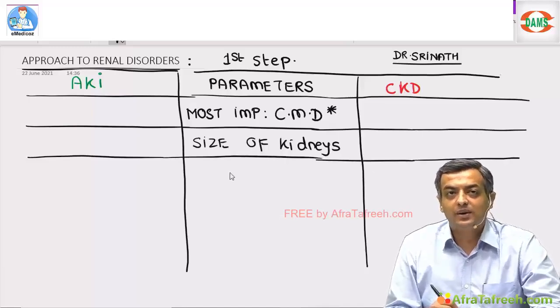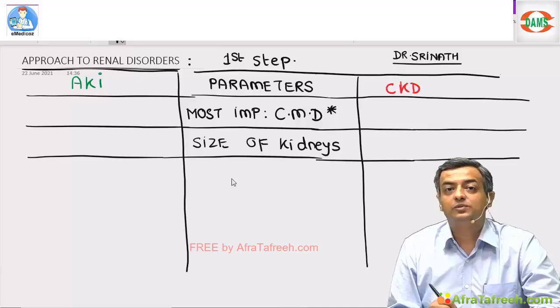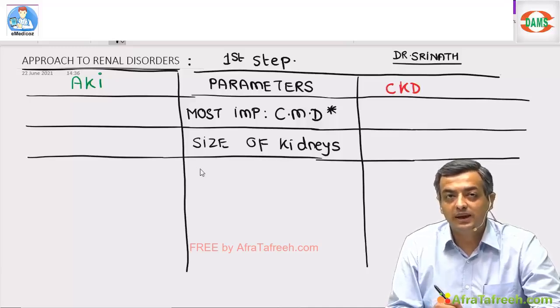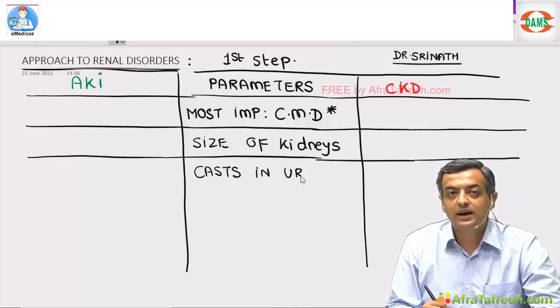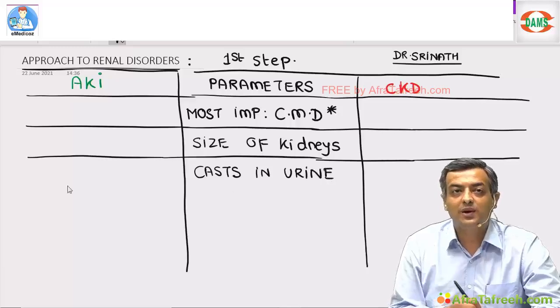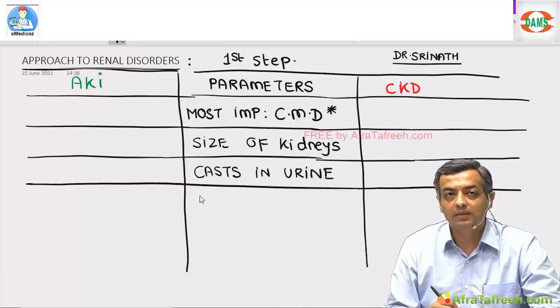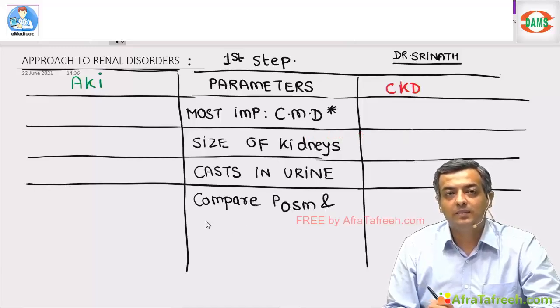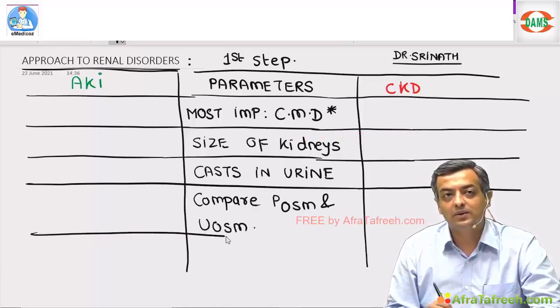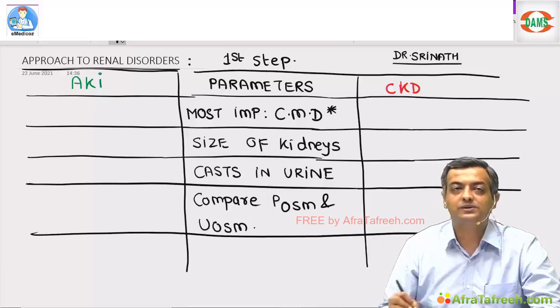You can take into account the urine osmolarity and the urinary casts; the presence of casts in the urine can give you a clue to the probable diagnosis. You can compare the urine and the plasma osmolarity to identify the probable cause.